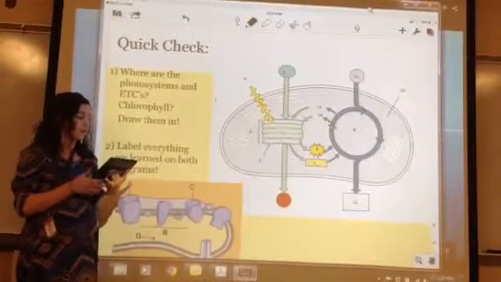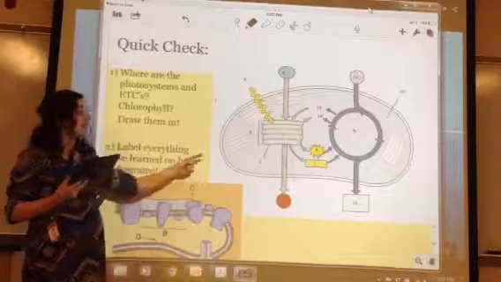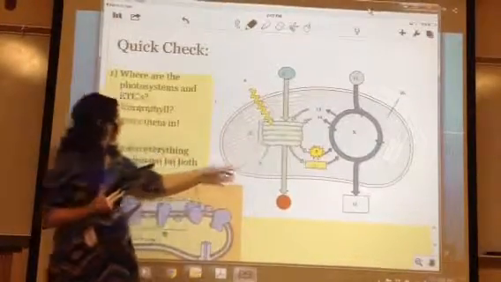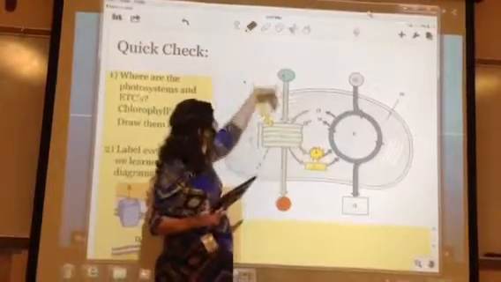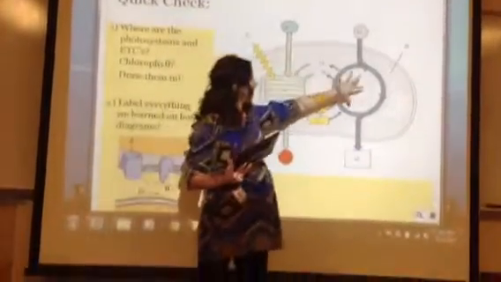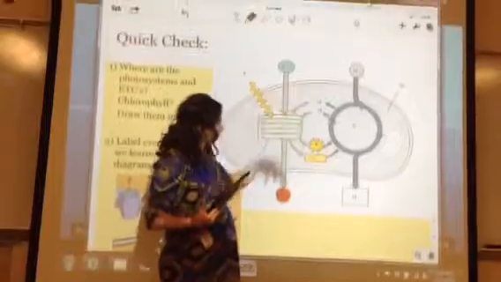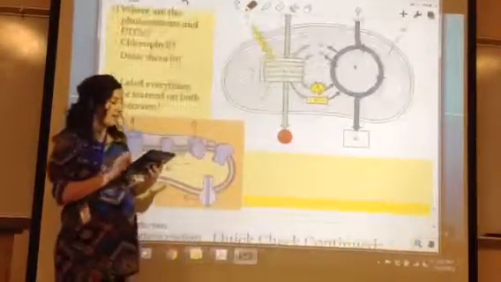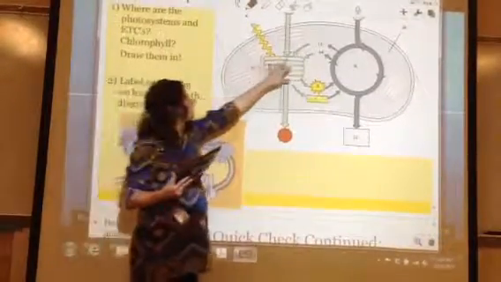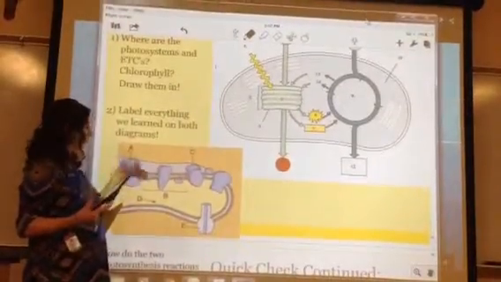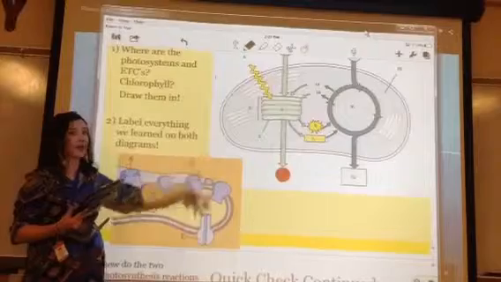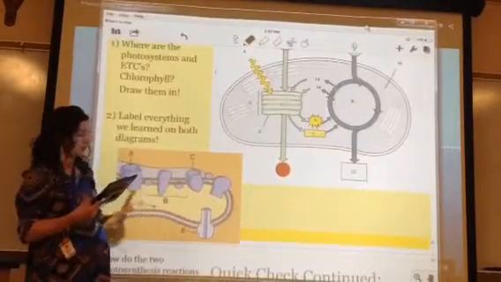Alright, finish up this quick check. This would be very, very important for you to be able to do for the test. See if you can fill in what is going in. What's the name of this guy? What's the name of this guy? What's going over? What's coming out? And then this is this little stuff blown up big. So our ding-a-ling boop, boop, boop, ding-a-ling boop, boop, boop. Draw it, label it, see what you can do.